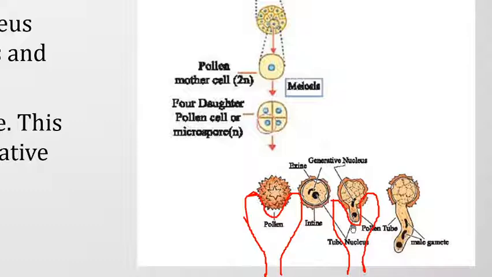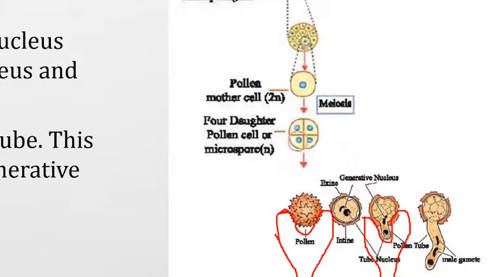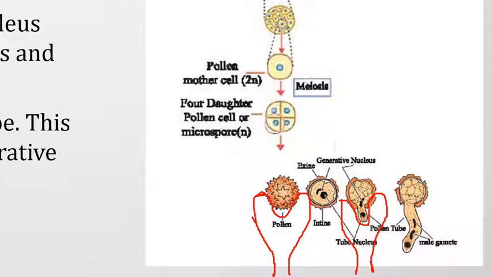The tube nucleus pushes the membrane of the intine to make a path, and this path is followed by the generative nucleus. Inside the pollen tube, the tube nucleus remains at the bottom.